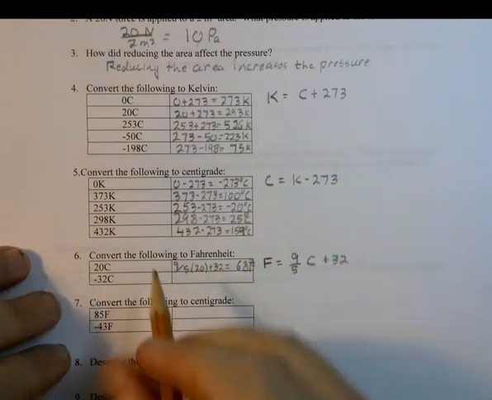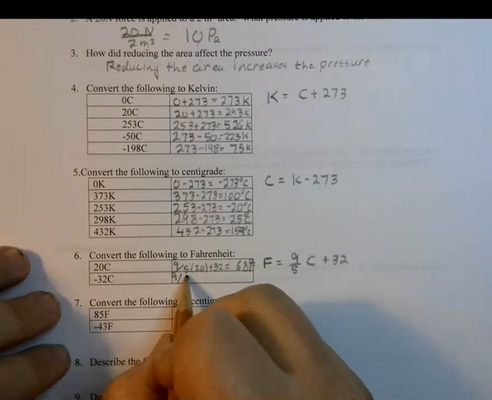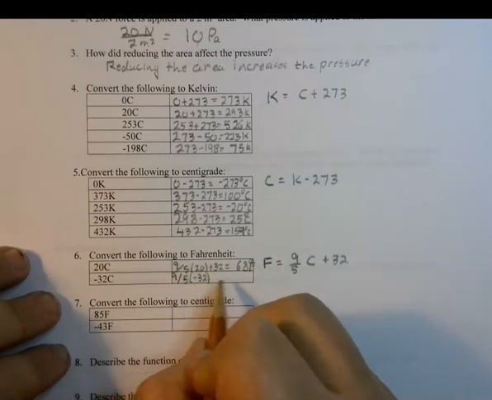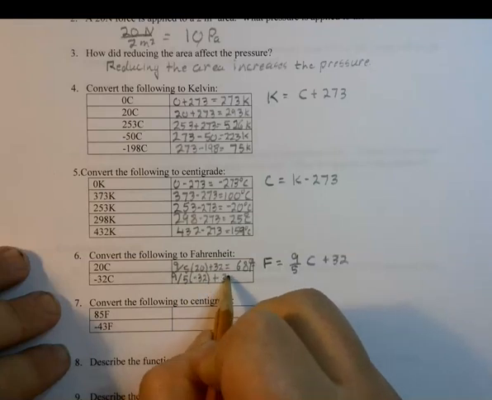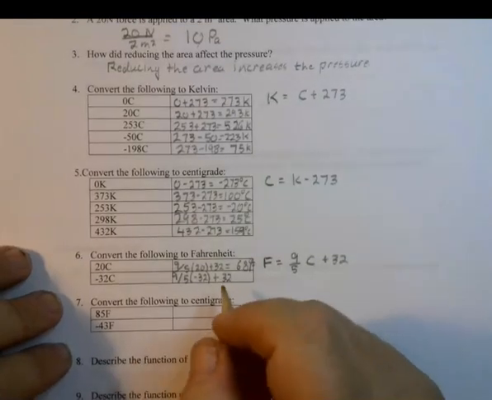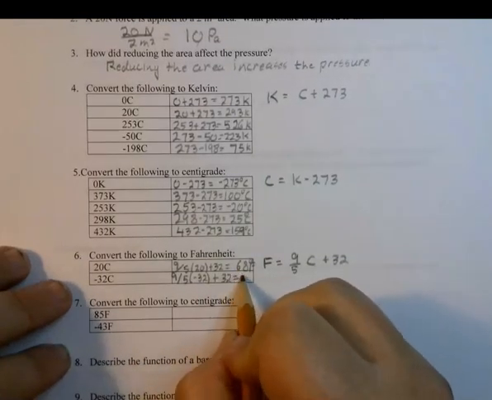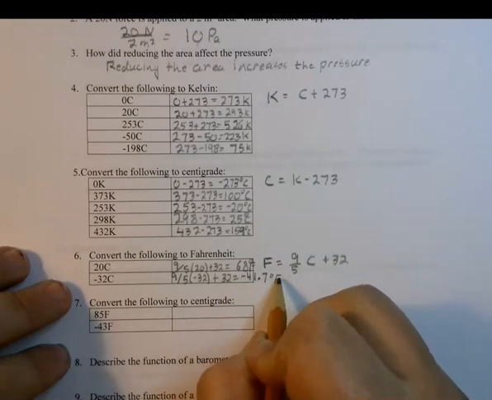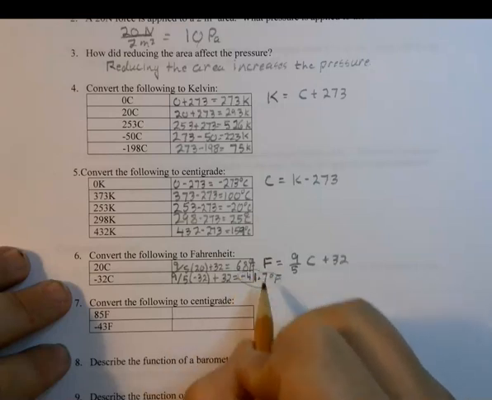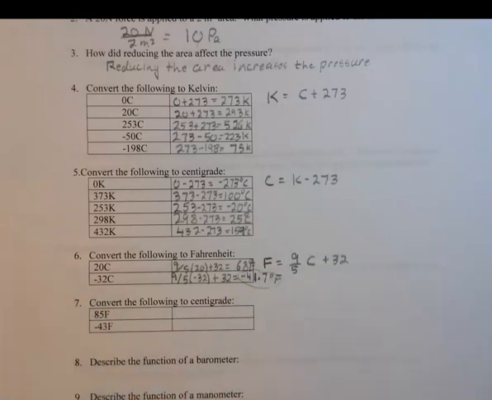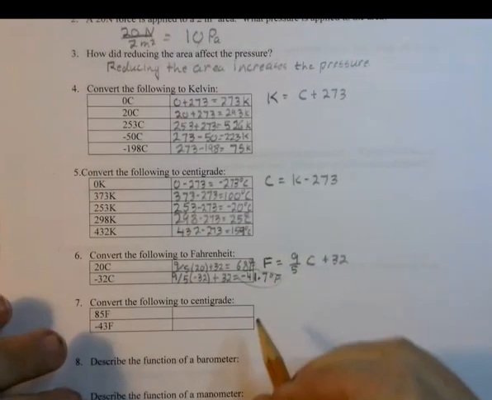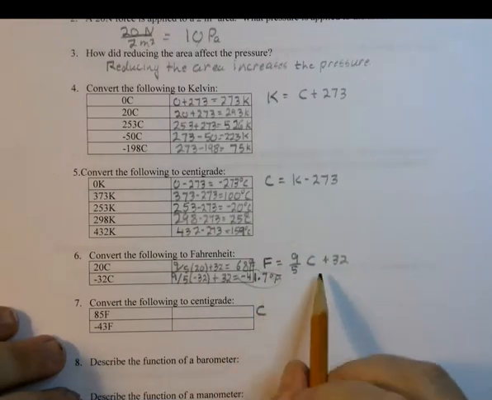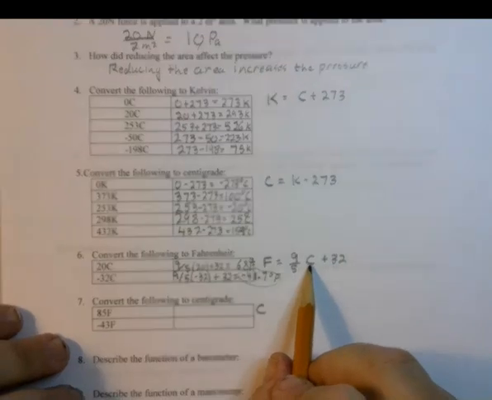Okay, negative 32 is going to be 9/5 times negative 32 plus 32. And that's going to give you negative 41.7. Okay. All right, next we go to centigrade from Fahrenheit. So the formula, if you just do the algebra on this and solve for C, you'll get this.